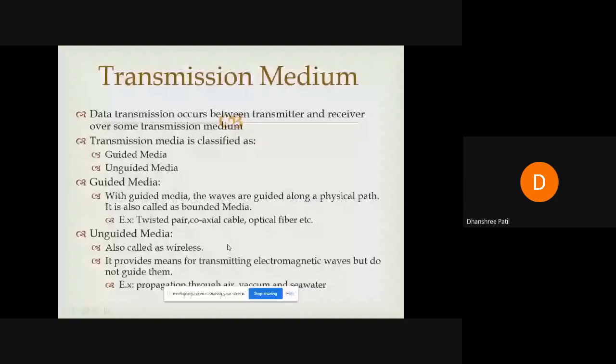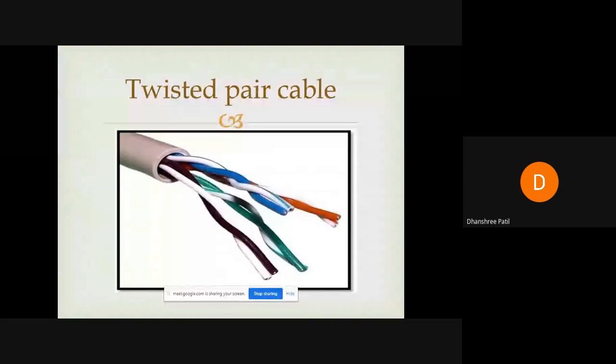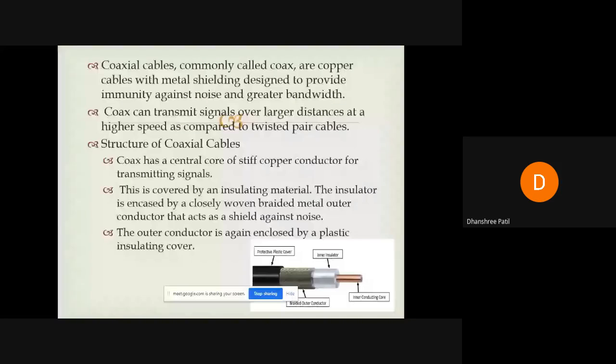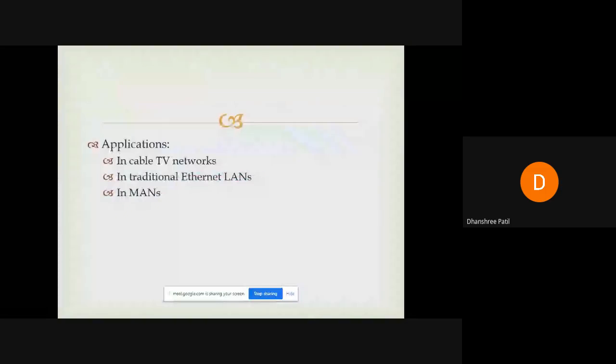That is the unguided media. We have seen three types of cables: twisted pair, coaxial, and the last one, optical fiber cable. So these three cables we have seen.